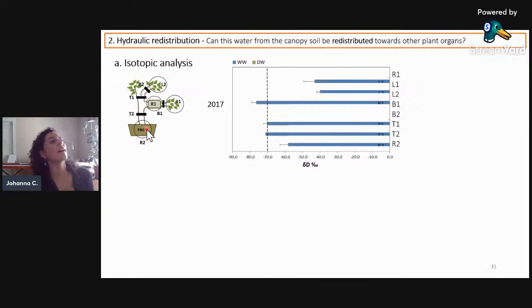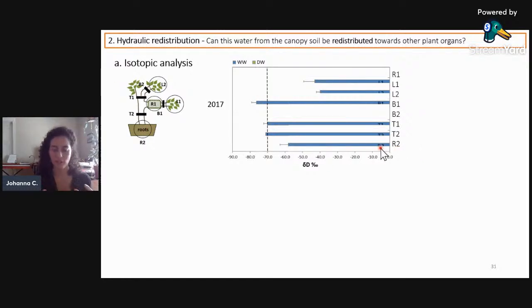If you think about what is happening in the leaves, we know that transpiration occurs. And so naturally, all the water molecules that are lighter will be released faster than the heavier molecules. So by nature, there is a certain fractionation in the leaves that makes them more enriched than all the other organs, and the same thing happens in the roots underground.